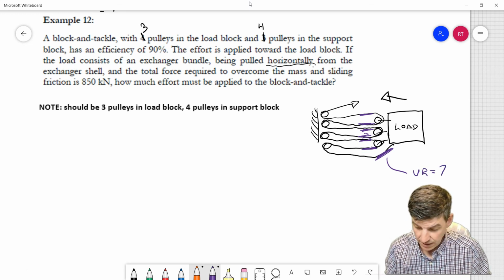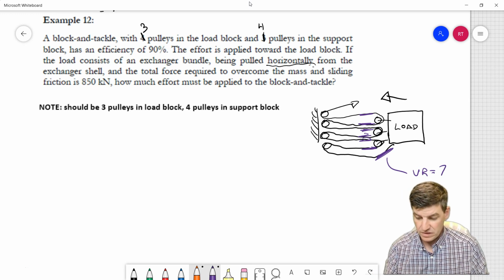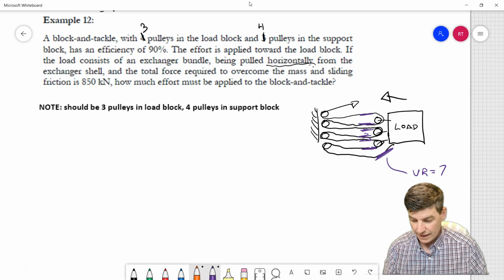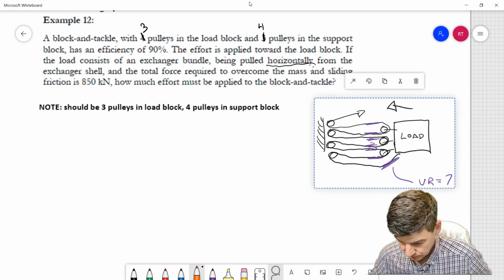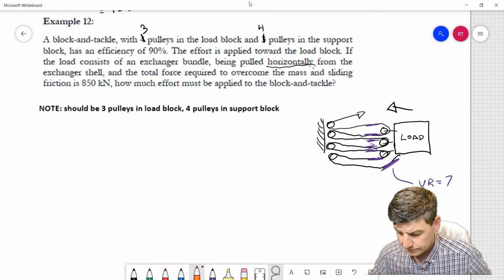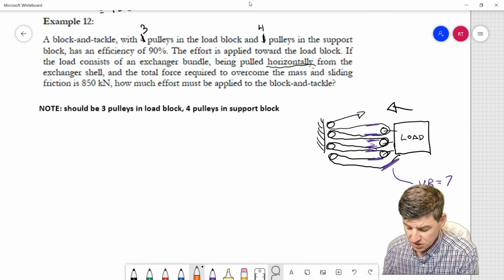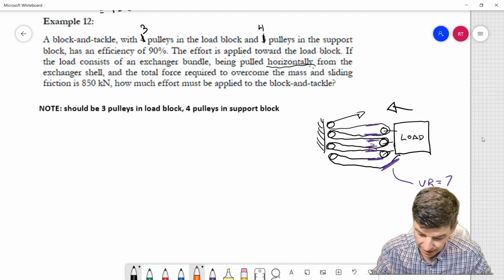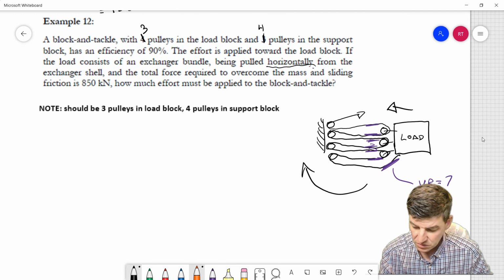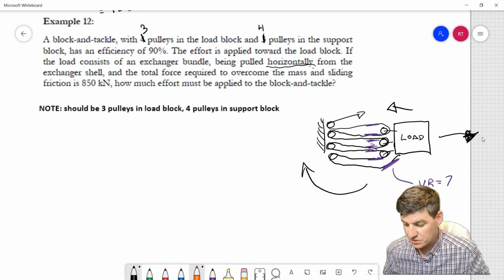The other approach that I can do is an upwards or downwards pull. But it becomes a little goofy because I don't have an upwards or downwards pull. So what we want to do is, I guess, just assume we're going to rotate this whole thing 90 degrees, which would mean that my load would be pulling in that direction.